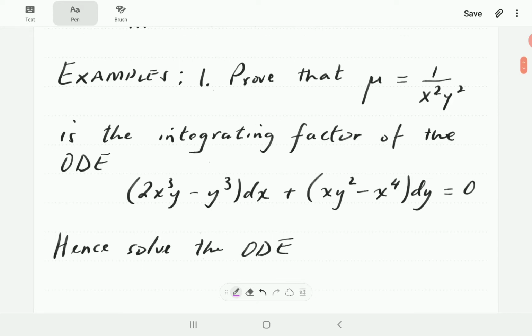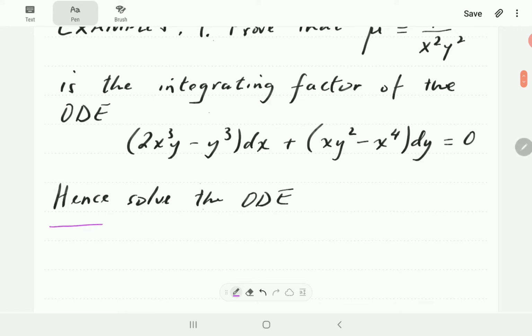Okay, so if that function is an integrating factor of this ODE, then if we multiply this ODE by mu, we expect the resulting ODE to be exact. So let's see what happens when we multiply.